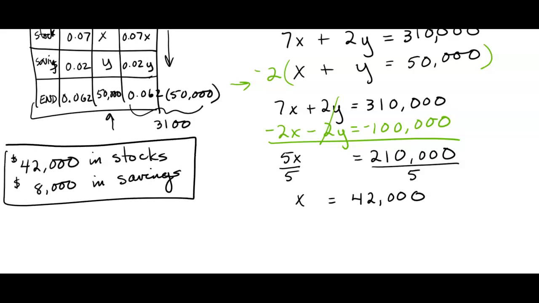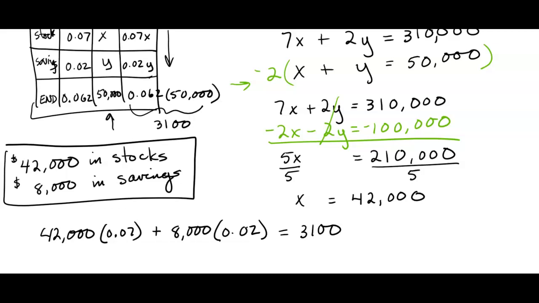We could do a quick check. Take 42,000 times 7%, that's how much he's making on that account, plus then take the 8,000 times 2%, and that's supposed to equal a total of, he was supposed to make what, 3,100?